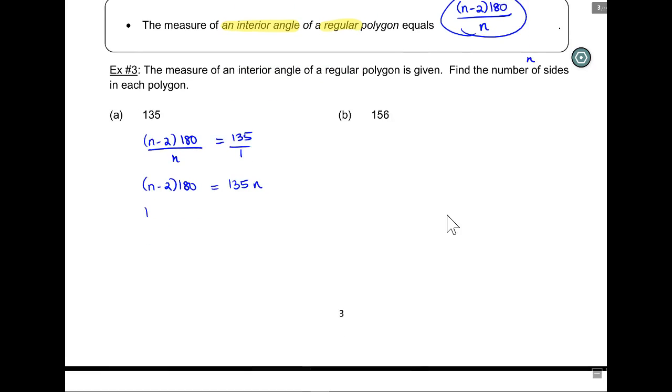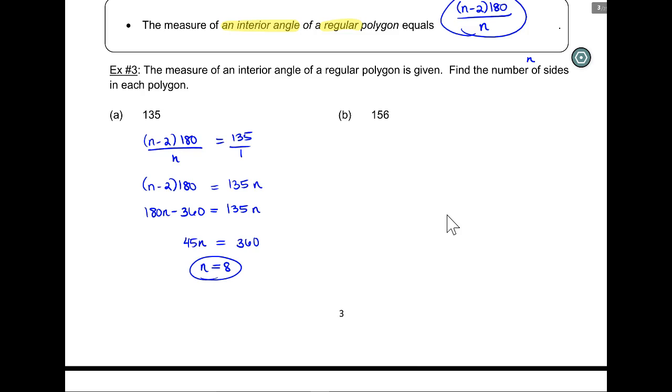I'm going to distribute on the left side, so I have 180n minus 360 equals 135n. So now I'm going to add 360 to the other side, and I'm going to subtract 180n minus 135n. So we get 45n equals 360, divide both sides by 45, and we get n equals 8, or an octagon.